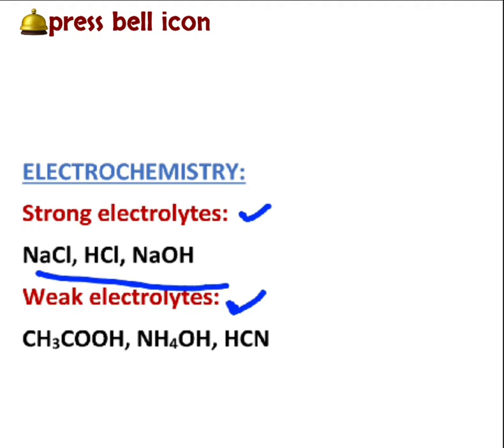They show a tendency to dissociate almost completely in aqueous solution or in the molten state, like Na+ and Cl-. Because of this almost complete dissociation, they conduct electricity to a larger extent, and such types are called strong electrolytes.